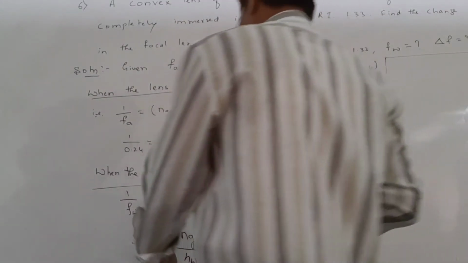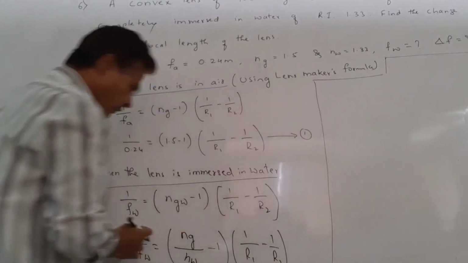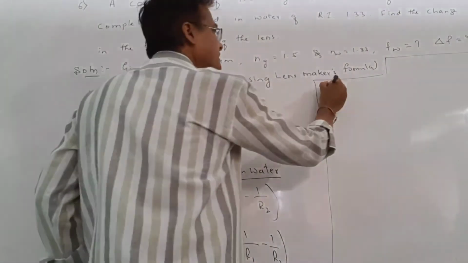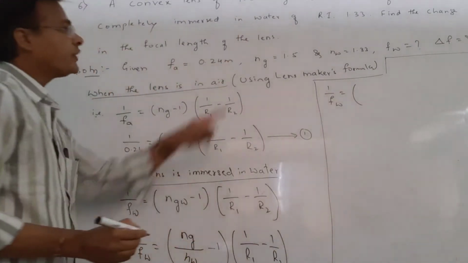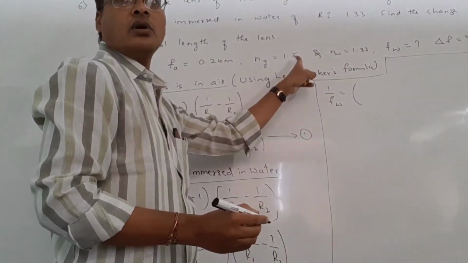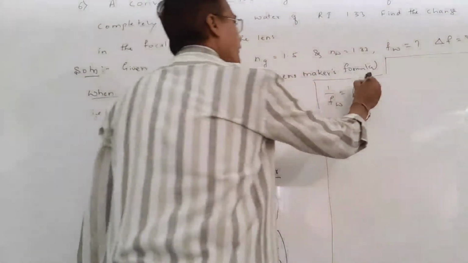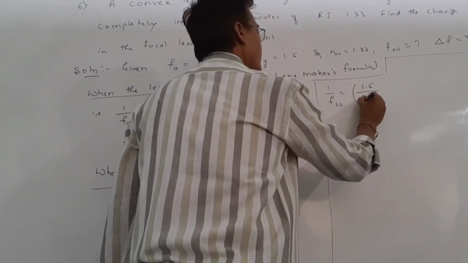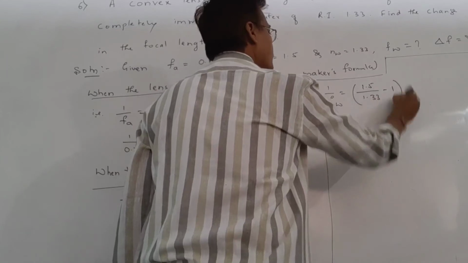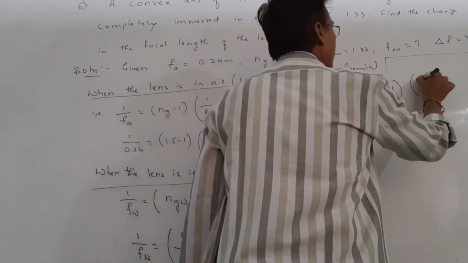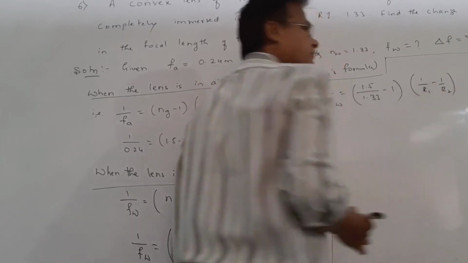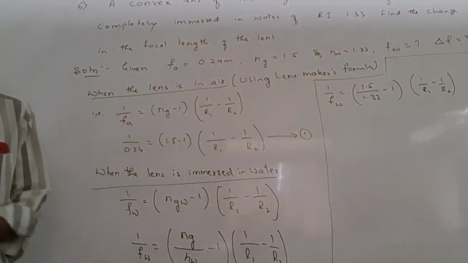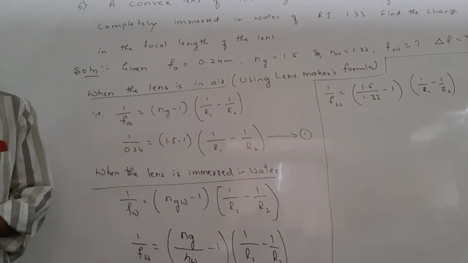Here we don't know the Fw value, so as it is we can place 1 by Fw equal to Ng, the refractive index of glass, that is 1.5 divided by 1.33, minus 1, bracket 1 by R1 minus 1 by R2. Followed?